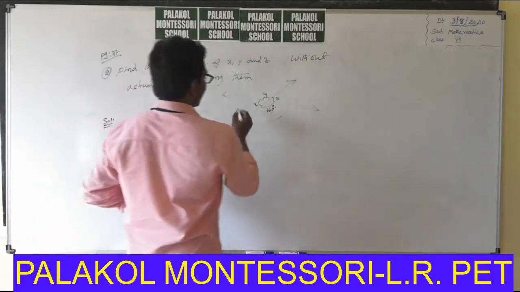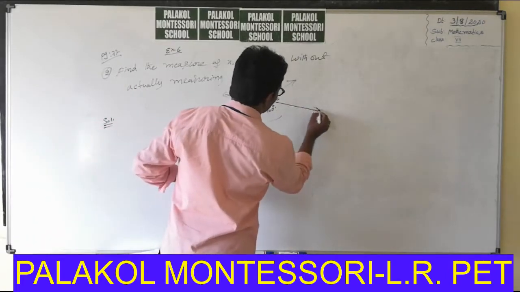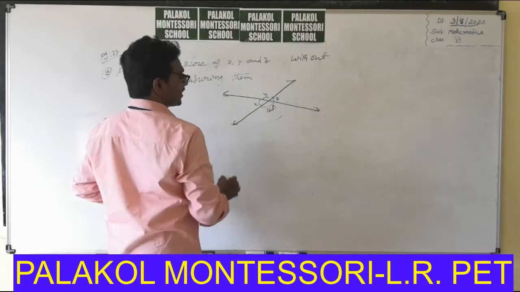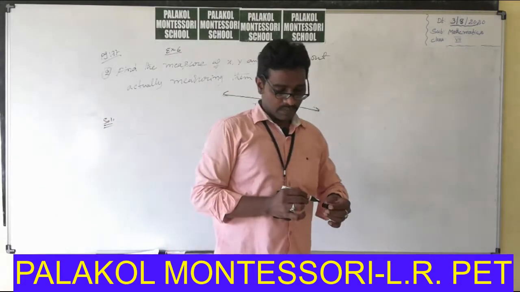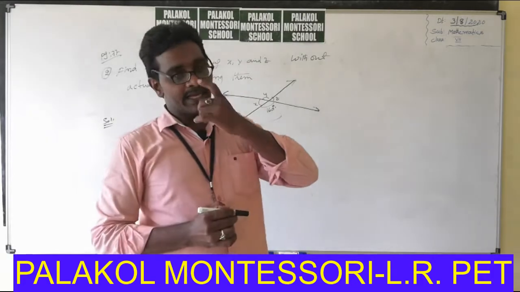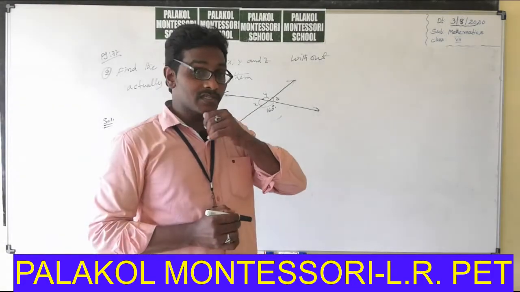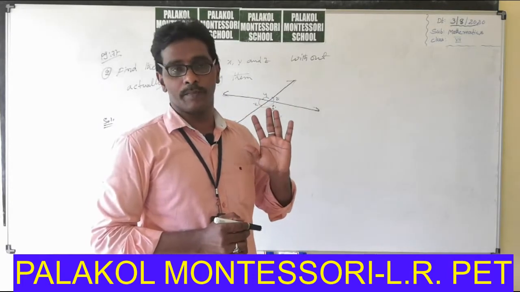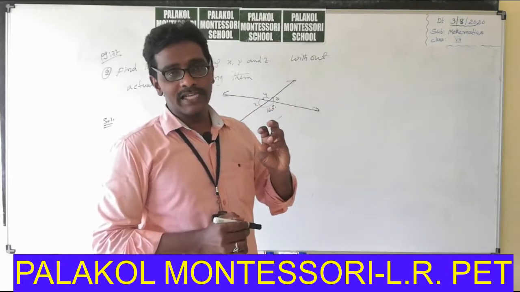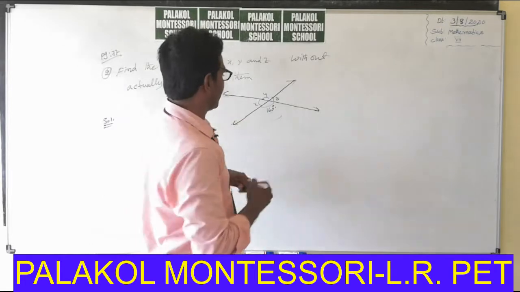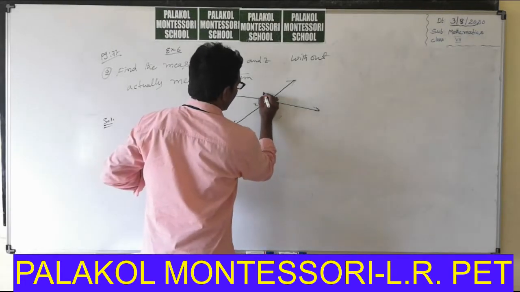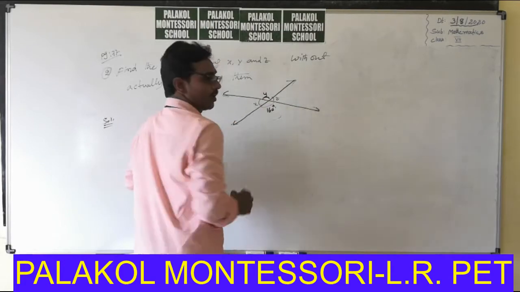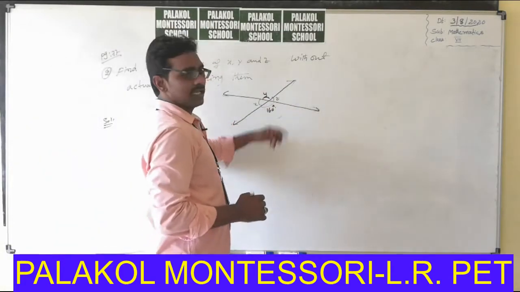Guys, two lines intersect, that I have completed. When two lines intersect, the point is called the point of intersection. In this situation, vertically opposite angles are formed. The vertically opposite angles are equal. Check it here, see, angle y is equal to 160 degrees. These both are equal. Why? Because these two lines intersect.